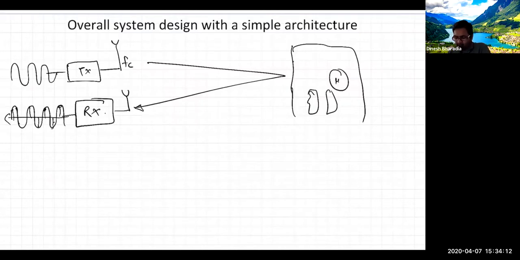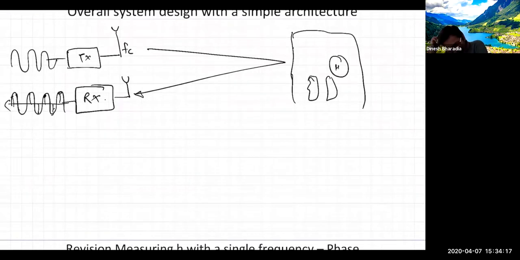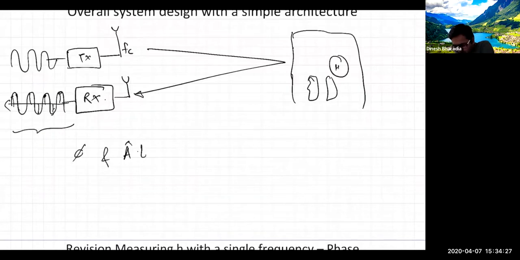Now going forward, just to recap: previously we assumed we would immediately get the phase on the receiver side, or the amplitude A hat of t.